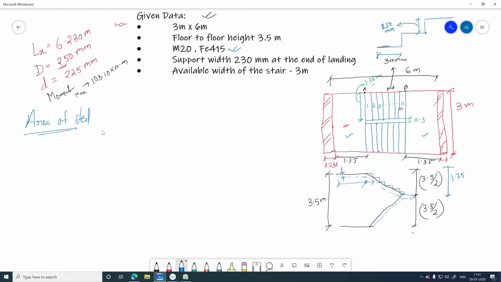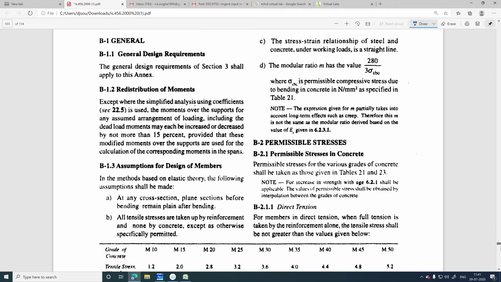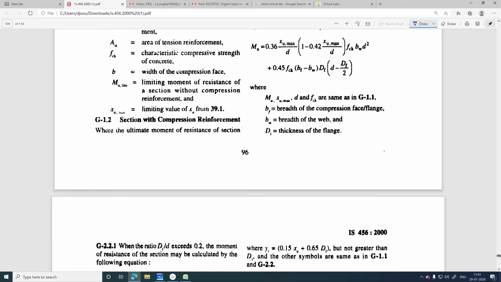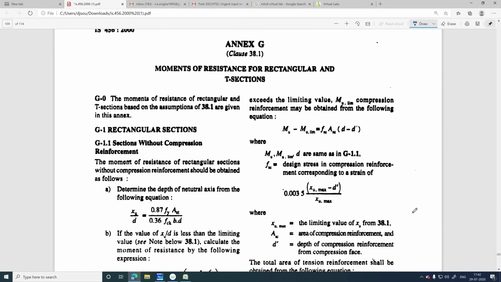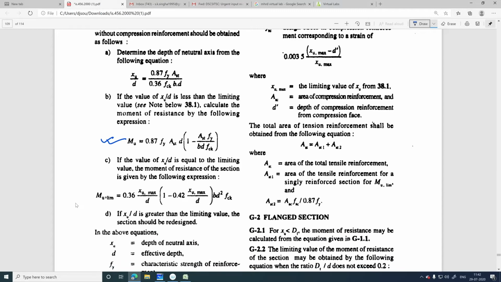And to determine the area of steel, you know the formula that is given in Annexure G. So previously, to check the effective depth, we have used this formula, that means C into Z. Now, to determine the area of steel, likewise we have done in the design of beam as well as the slab, we have used this formula.